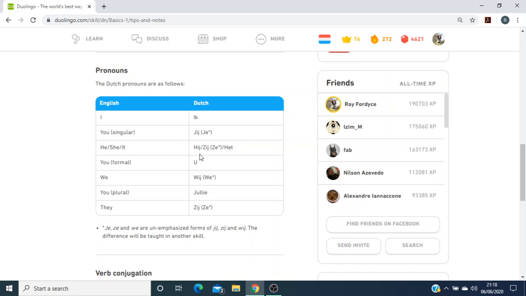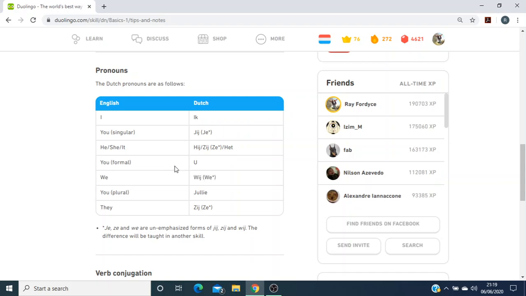Actually, it's got three here. Actually, when you think about it, it's really got four words. So anyway, sorry, I'll start again. So I is ik, you is jij or je, he, she, it is hij, zij, or ze, and het.